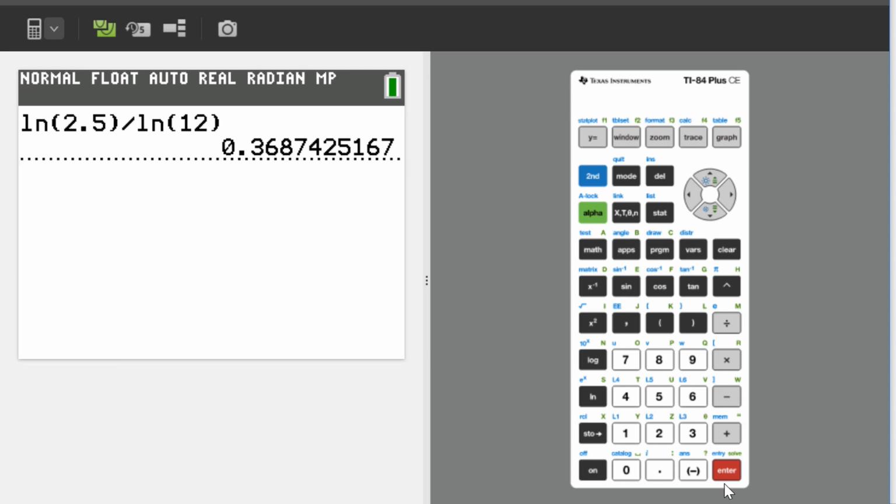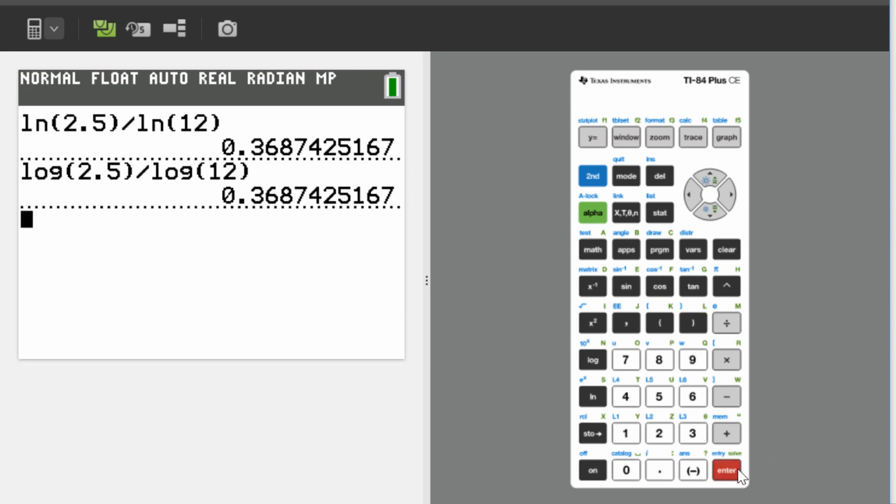Now let's see what happens if we use the common log. So we'll do log of 2.5, close that, and then divide that by the log of 12, close, enter.